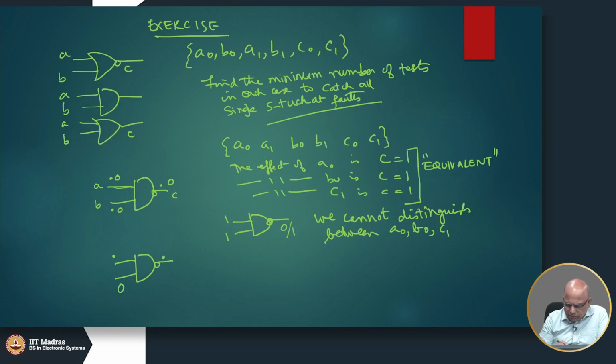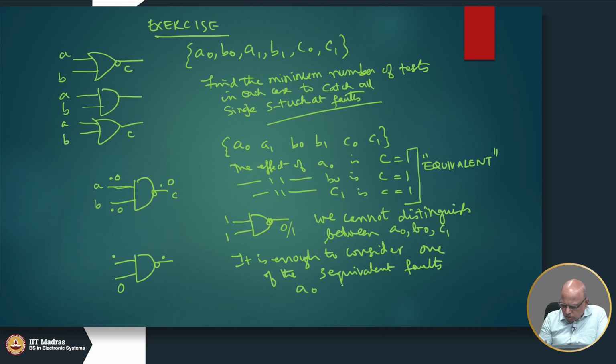The advantage of equivalent faults is that it is enough to consider one of the 3 equivalent faults. So, either consider A0 or B0 or C. There is no need for you to separately generate a test vector for A0 and B0 and C1. In fact, they will be the same.